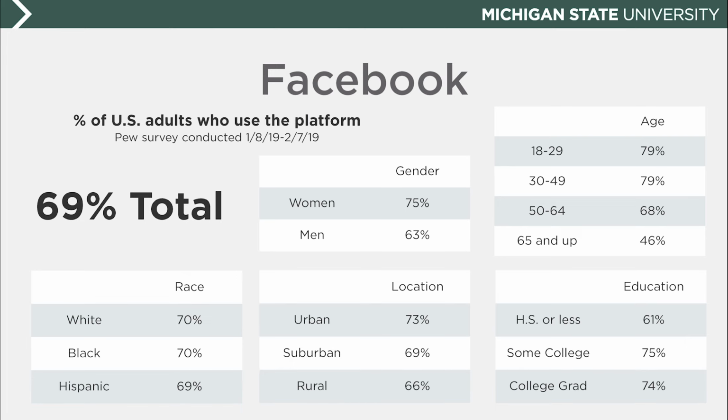It crosses all boundaries in terms of age demographics, skews slightly more towards female, and the way Pew does their study, their gender is binary, their race topics are only in 3 categories, so this is their data. Pretty even across the education spectrum, urban, suburban, rural, etc. So Facebook is pretty much going to get the majority of the country.